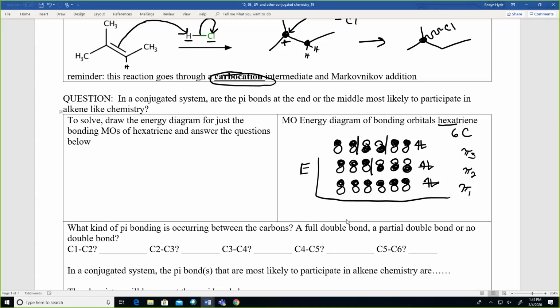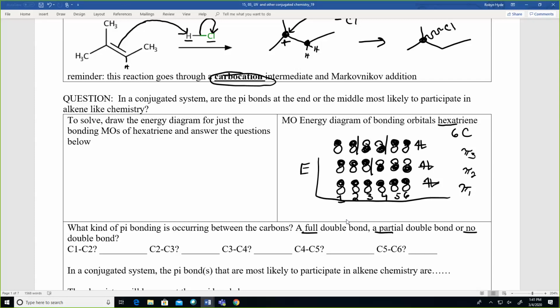So now we need to look at the kinds of bonding between each of the carbons. So we have carbon 1, carbon 2, 3, 4, 5, and 6. And so do our pictures represent that we have a full double bond, partial double bond, or no double bond? Okay, carbon 1 to 2.